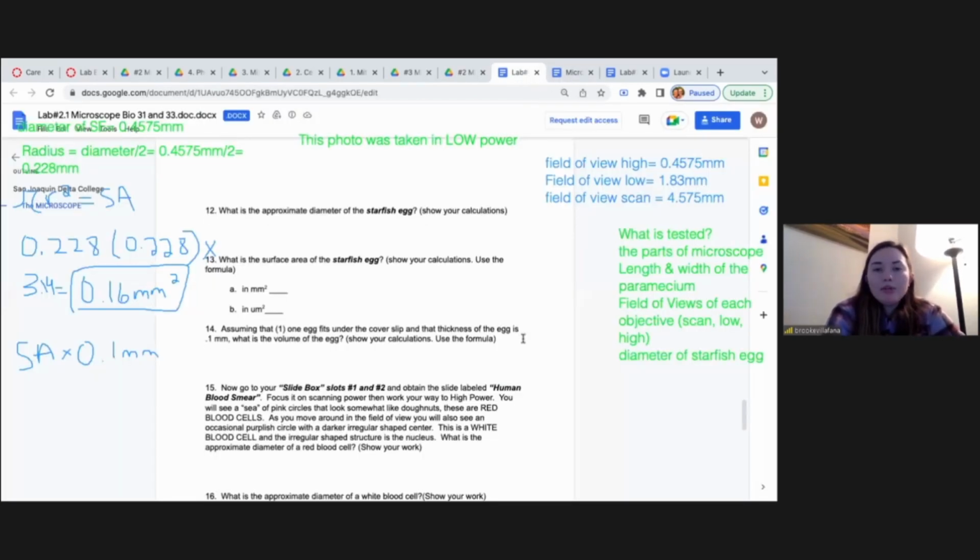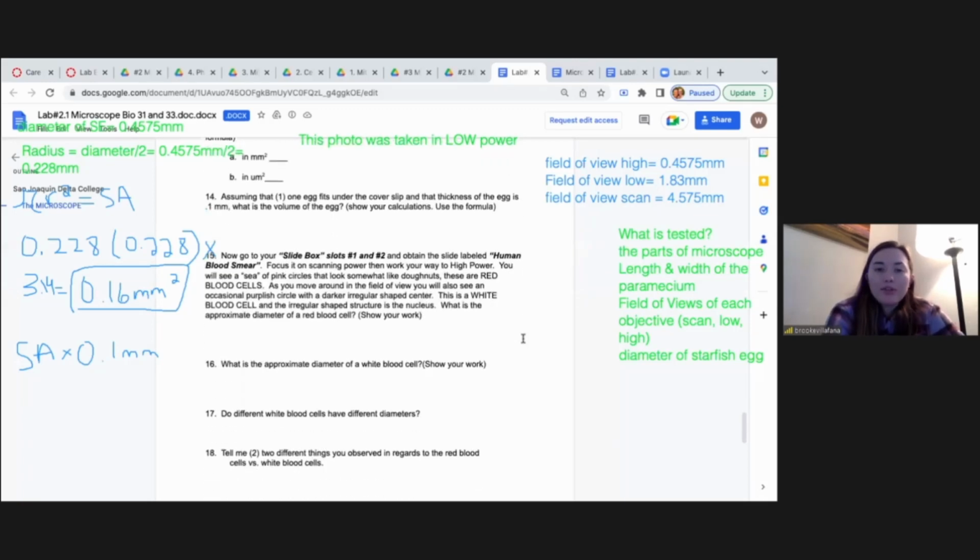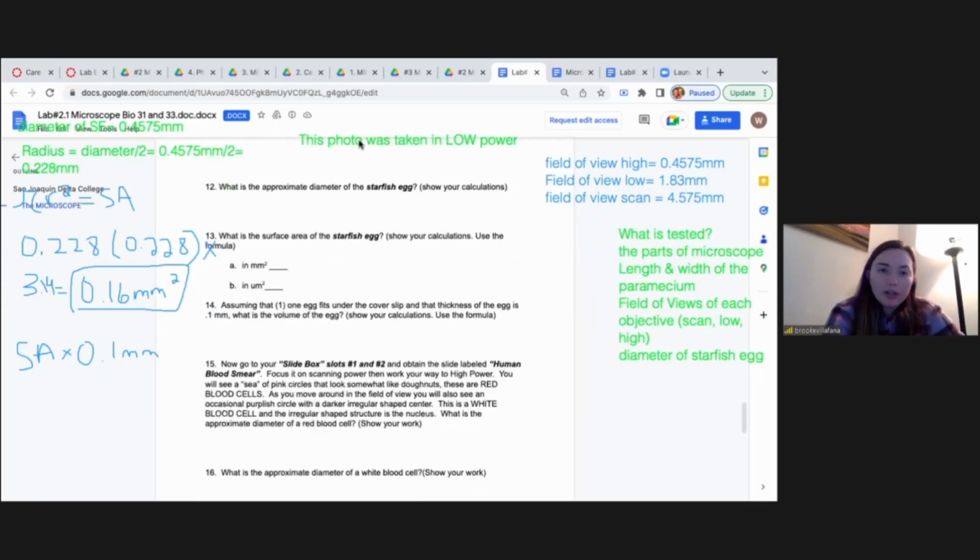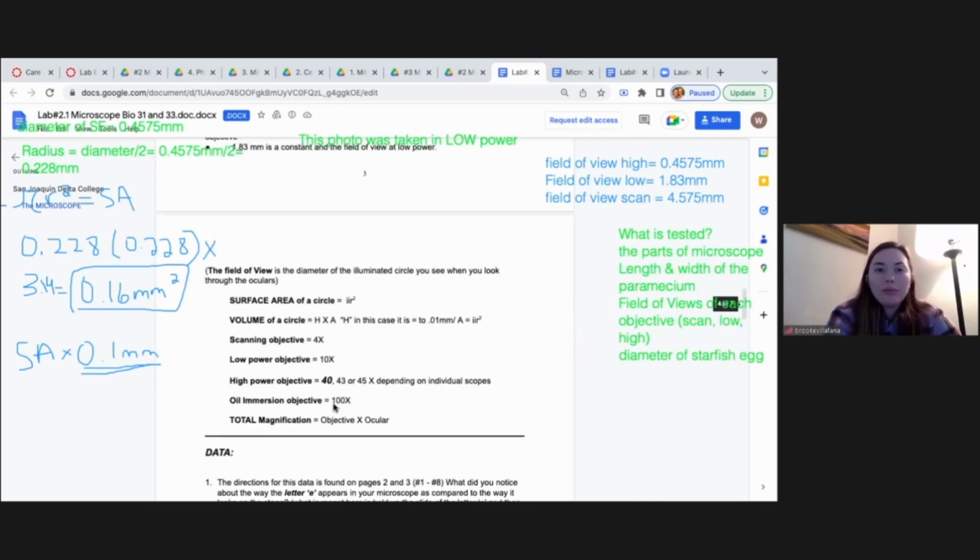Anybody who's a math nerd knows that this is not the proper way to find the volume of a sphere, but we're not really worried about that because it's just anatomy and this is for a question in your packet. So right here: assuming that one egg fits under the cover slip and that the thickness of the egg is 0.1 millimeters, which is what I put over here, what is the volume of the egg? We're going to use the formula at the beginning of the packet.